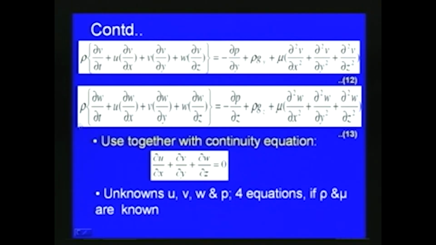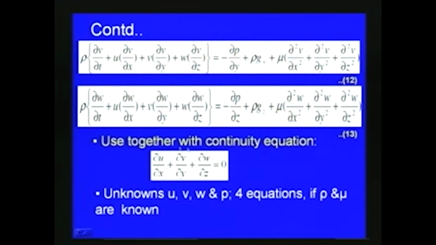Similarly in the z direction, ρ(∂w/∂t plus u ∂w/∂x plus v ∂w/∂y plus w ∂w/∂z) equals minus ∂p/∂z plus ρgz plus μ(∂²w/∂x² plus ∂²w/∂y² plus ∂²w/∂z²). So, 3 equations in the x, y, z directions, and then we can use the 3D continuity equation ∂u/∂x plus ∂v/∂y plus ∂w/∂z equals 0.